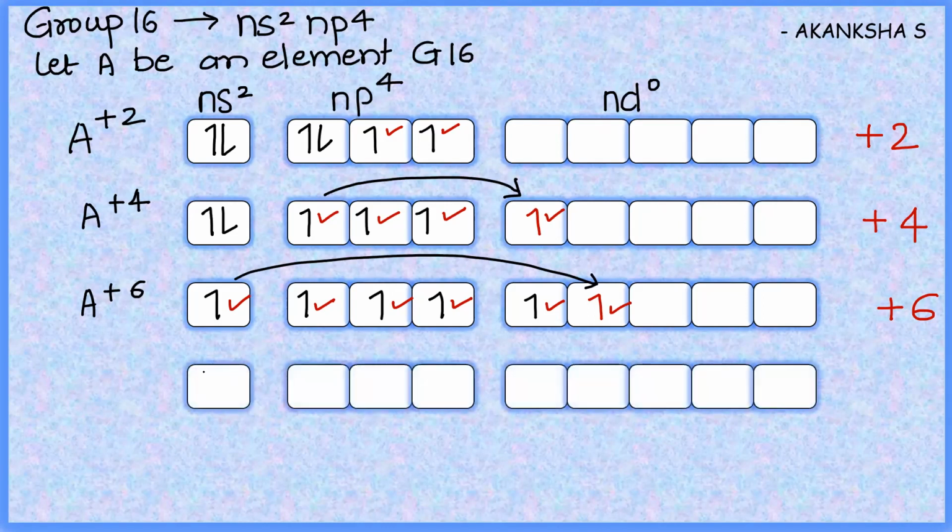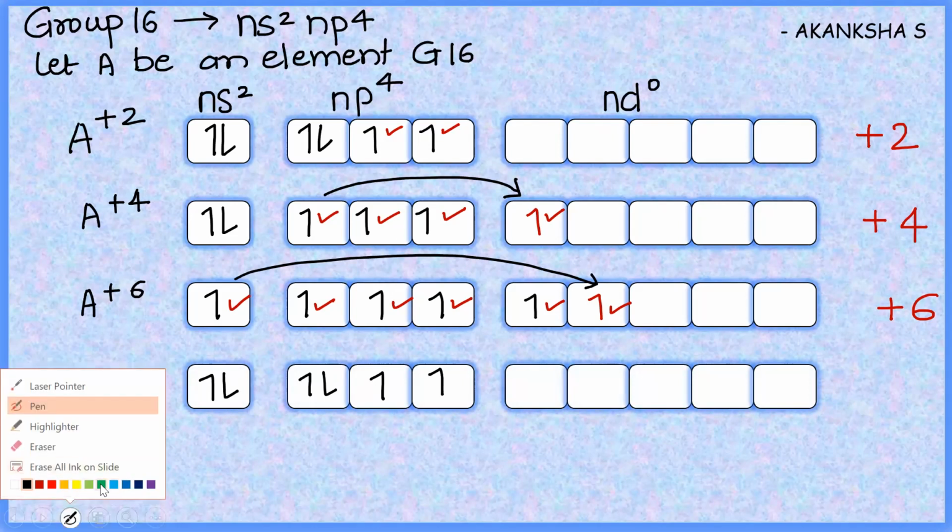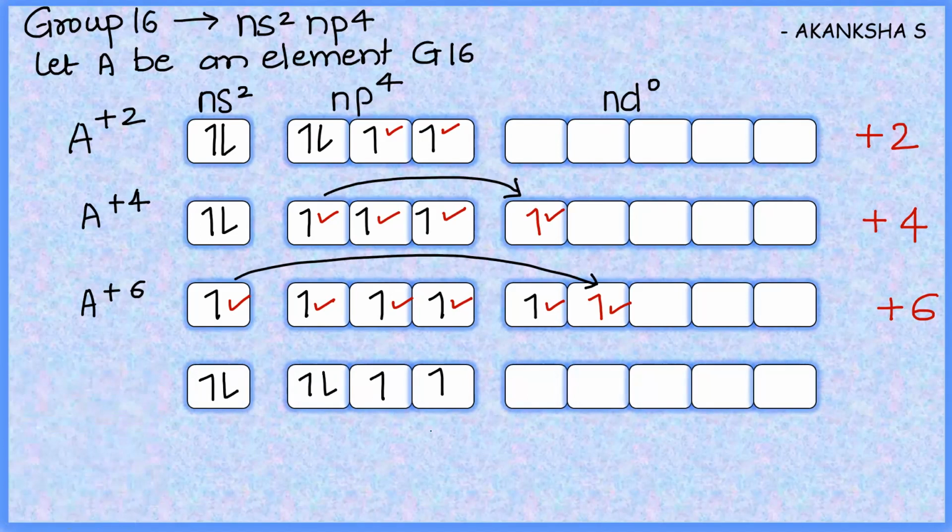So what is the other way of representation? Let's see, we have ns2, np4. Because they are highly electronegative, they can even gain electrons, right? Let's say that they gain 2 electrons. What would be the charge? If you lose electrons, you get a plus charge.